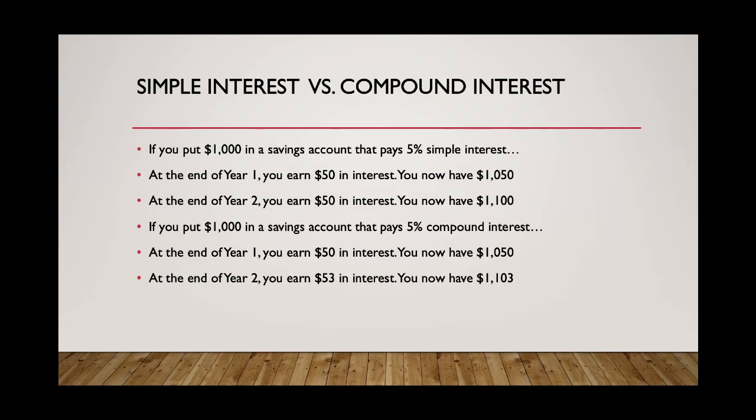But at the end of year 2, the word compound interest means that the bank is going to pay you 5% not only on the $1,000 you originally invested, but on the interest you earned the previous year. You're now earning interest, or 5%, on $1,050, not $1,000, which means at the end of year 2, you've earned $3 more in interest. You earned $53 at the end of year 2, and now you have a balance of $1,103.